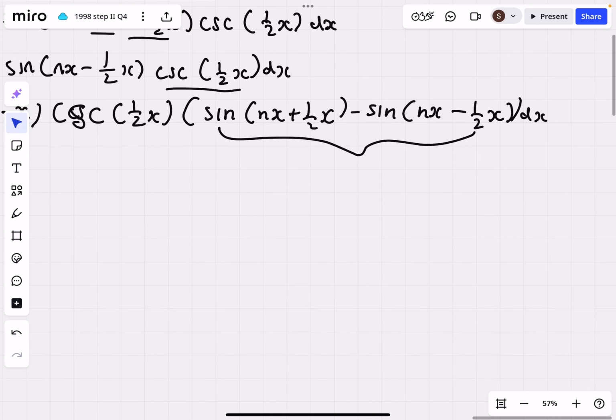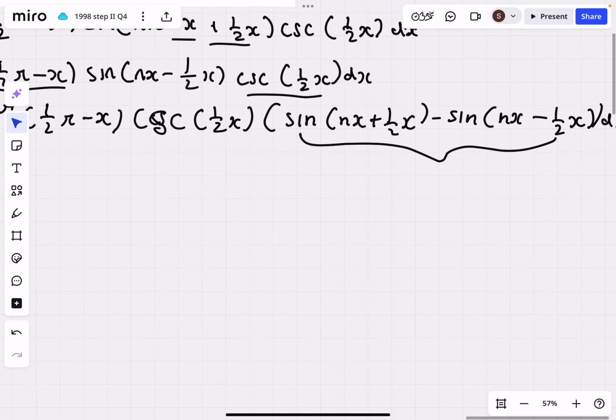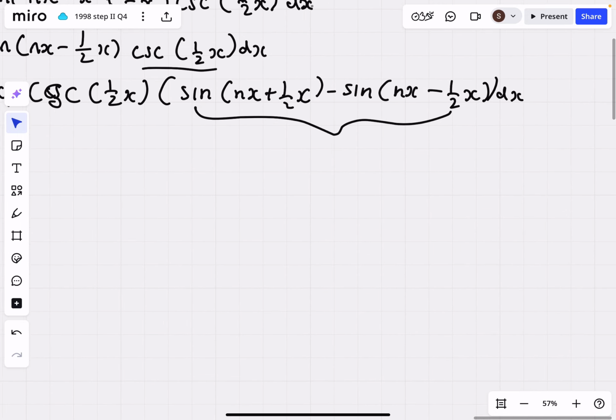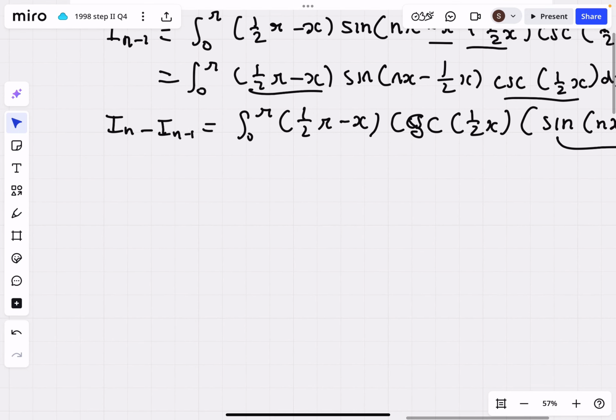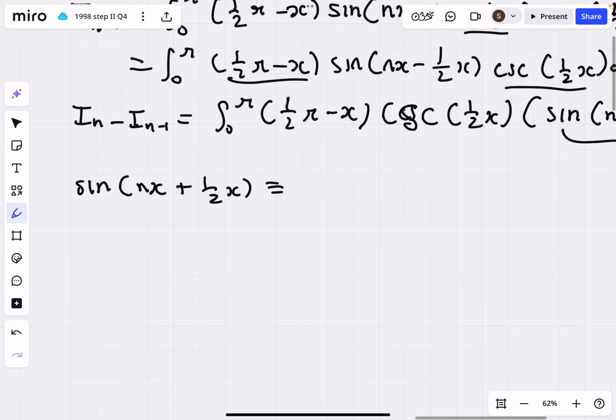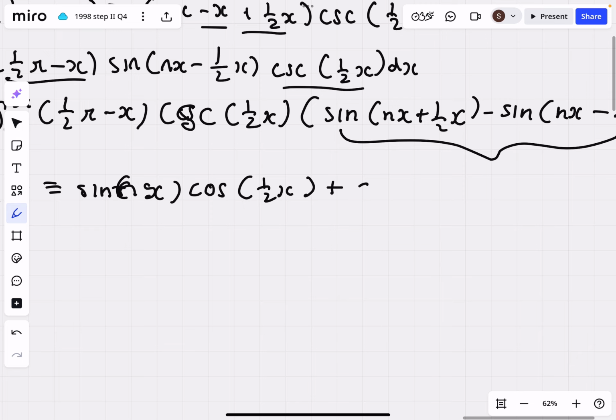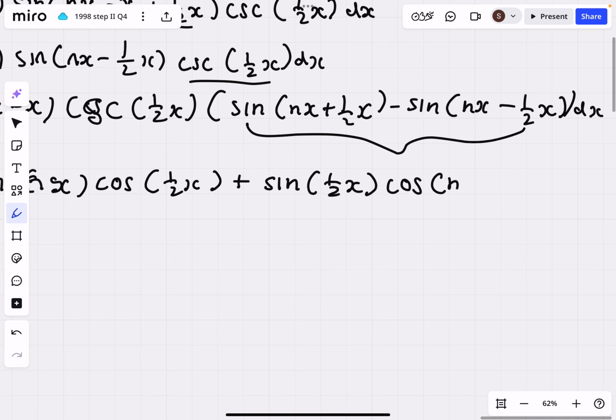Cool. So we want to simplify this part of the integral, and we can do that using the addition and subtraction formulae for angles. So using these formulae, we know that sine of nx plus a half x is identical to sine nx cos a half x plus sine a half x cos nx.